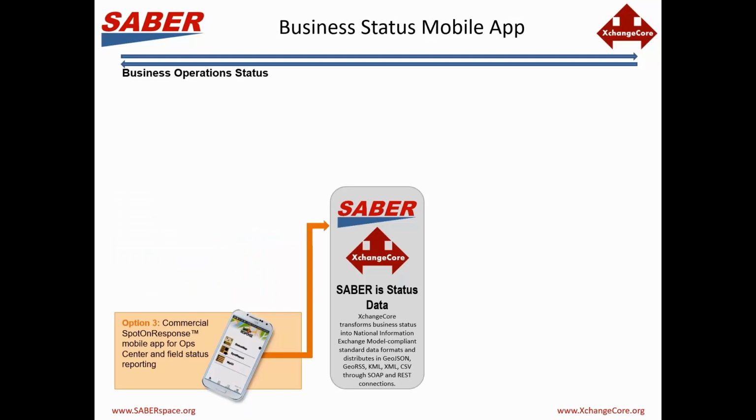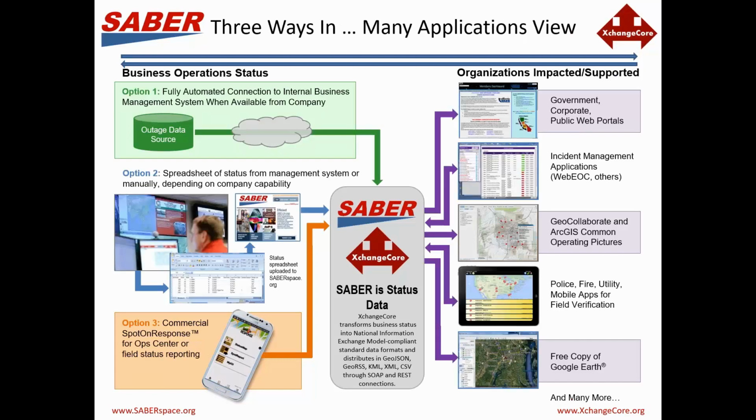And then lastly, the commercial SpotOnResponse mobile app. It's a handheld operations center and field status reporting, also provides information into SABER. On the other side, governments and other organizations take the information out of there in many different formats, that's really the whole topic of today, and put it into portals or incident management software or their GIS portals or other mobile apps or even the free copy of Google Earth.